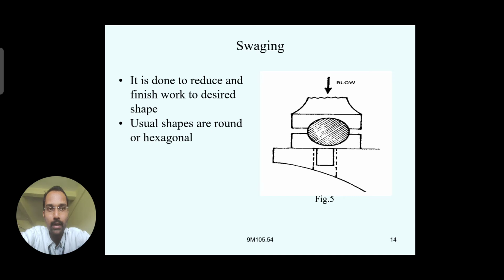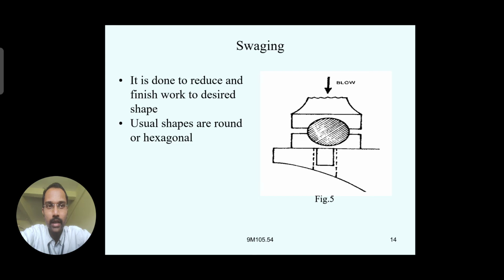So the bottom part is fixed in the hardie hole. You can see the shank portion is inserted into the hardie hole, and the top part is placed, the workpiece is placed in between them, and on the top part we can give the blows with the help of hammers.